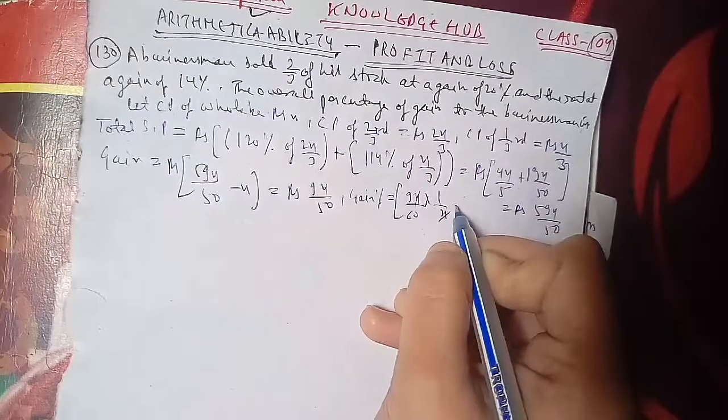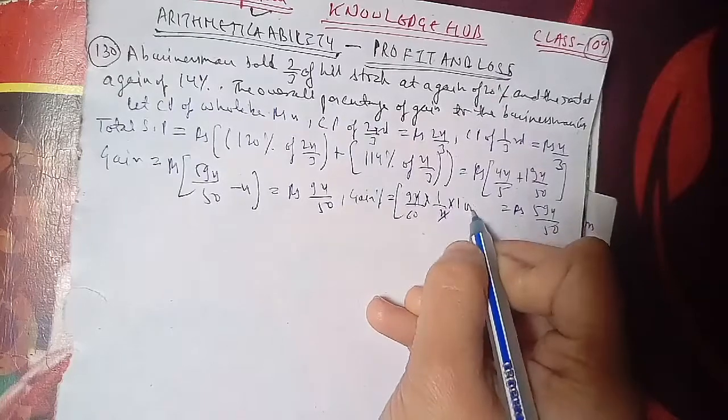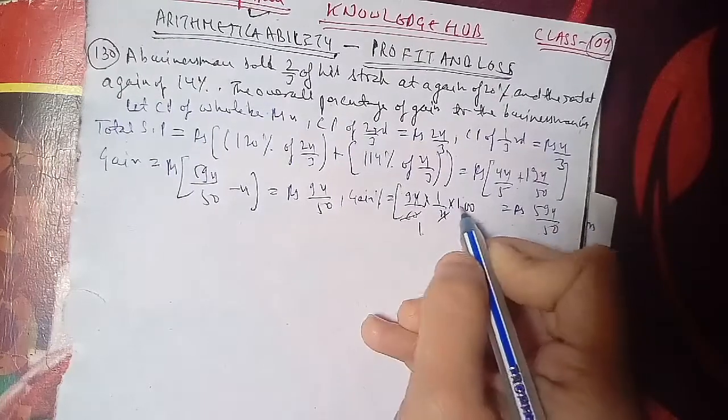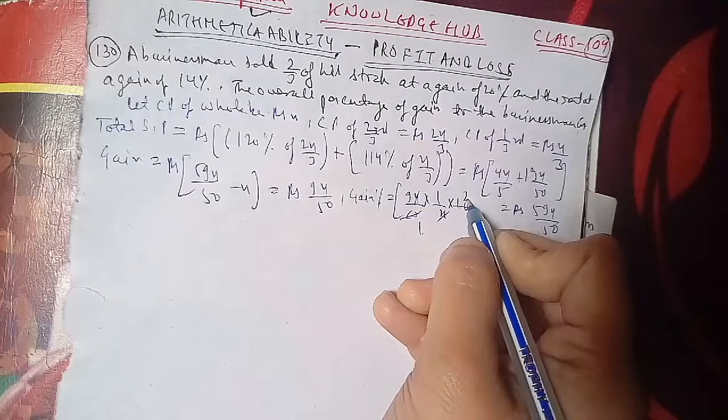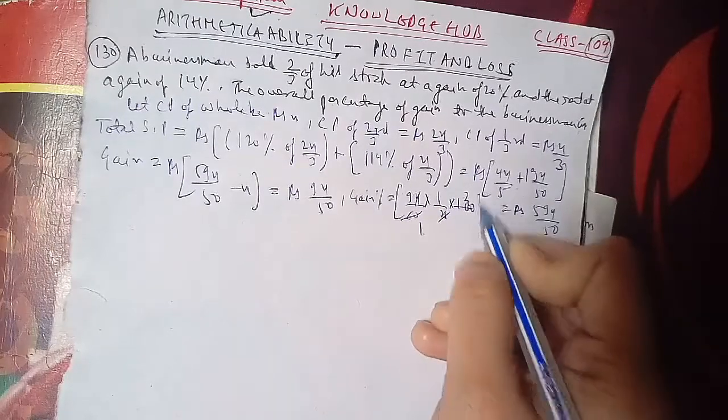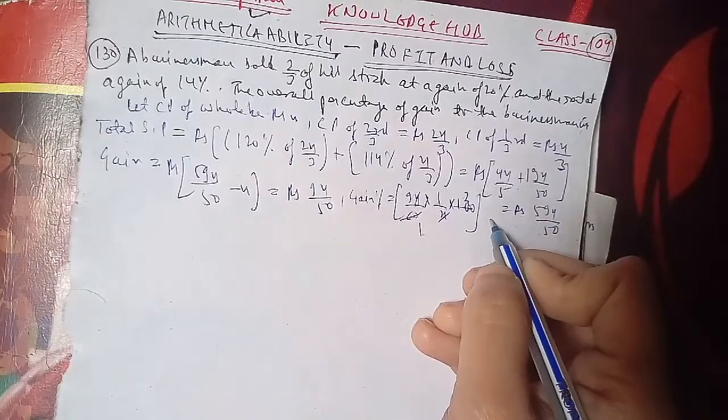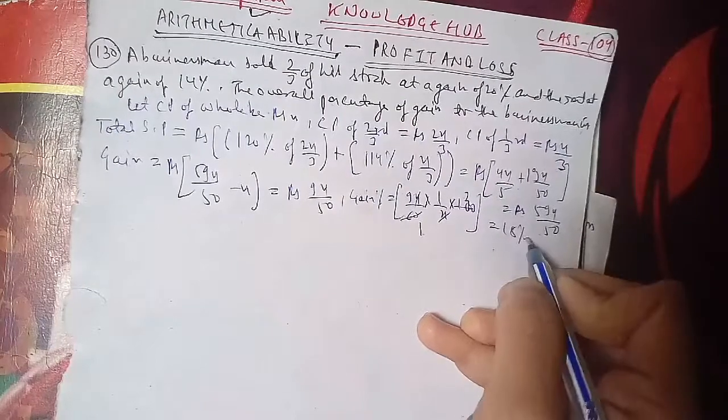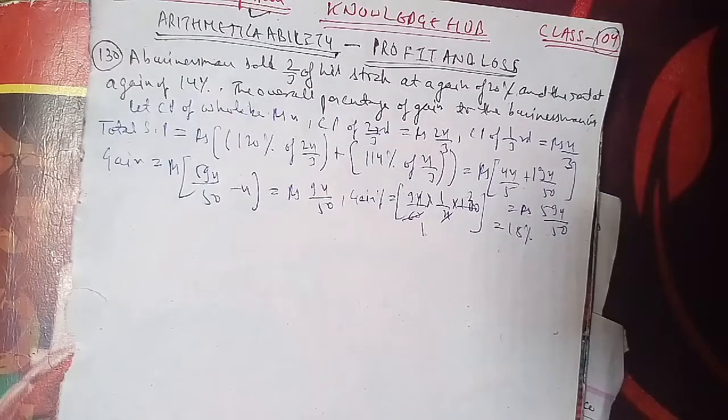The x cancels out, 5 ones are 5 and 2 fives are 10, which gives 18%. That we get as the answer, the gain percent, and that is important of course, and we'll have to consider it here.